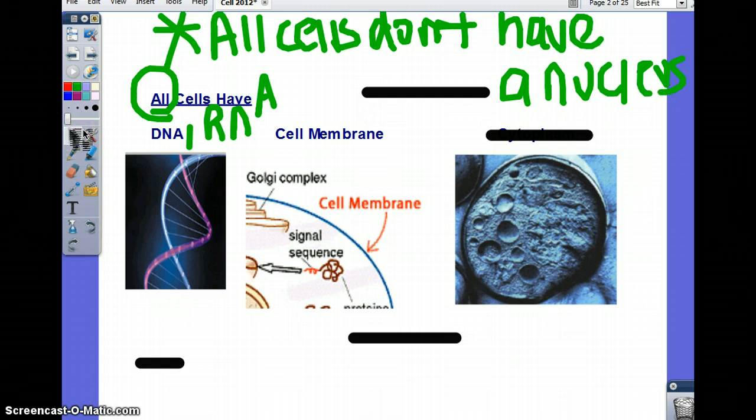What's that picture of? That's an actual cell. All I'm showing you is you could actually see parts of these organelles, but what's that whole background called? Cytoplasm. Good.